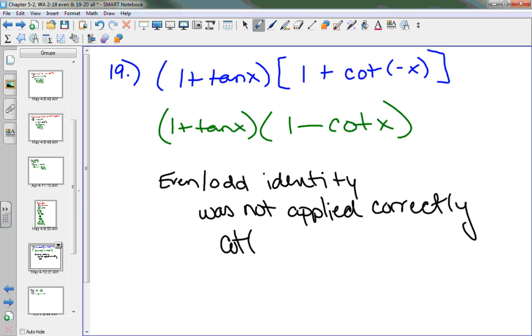Cotangent of negative x is equal to negative cotangent of x. That is their mistake. Do we all understand that? That's all you have to do for anything. But in 20, it could be like a minus. Could be.